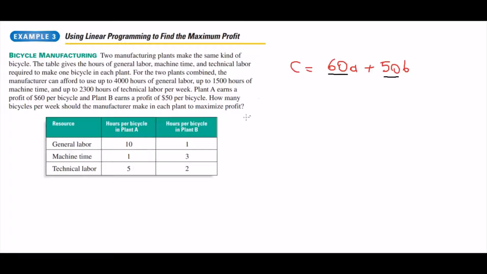So we know that 10 bicycle A plus 1 bicycle B is less than or equal to 4,000. This is the general labor, so this is general labor up to 4,000 hours.